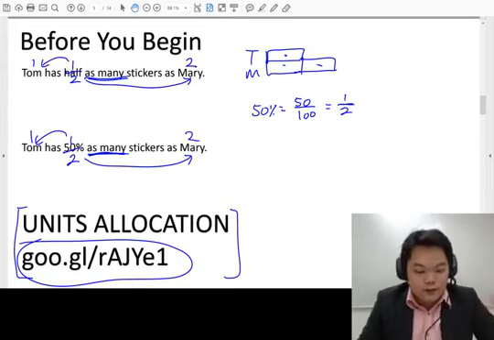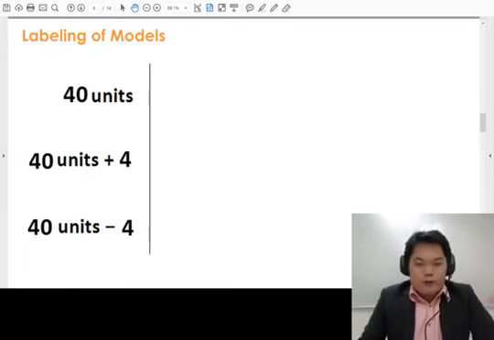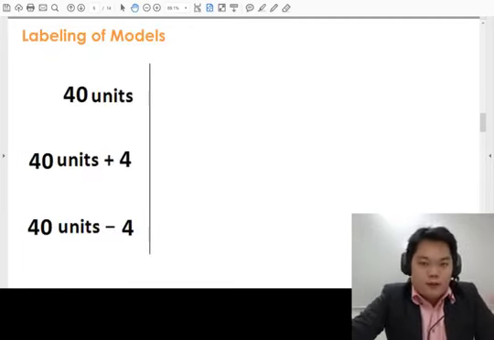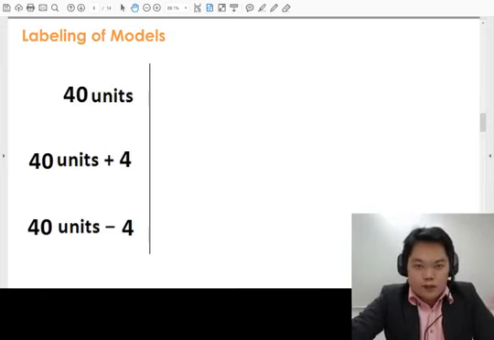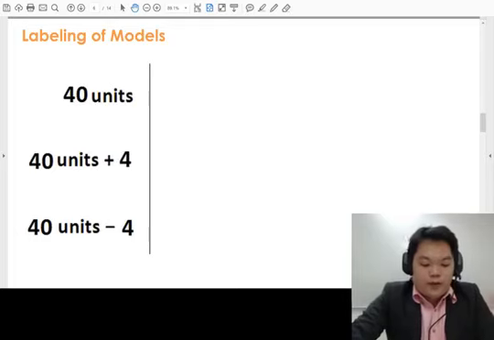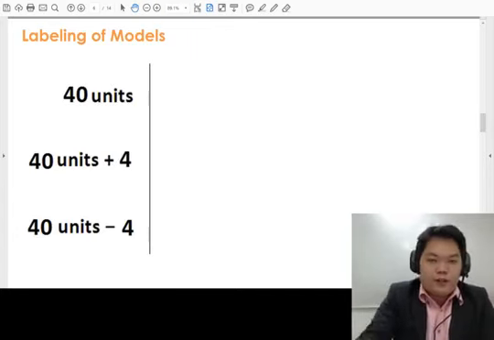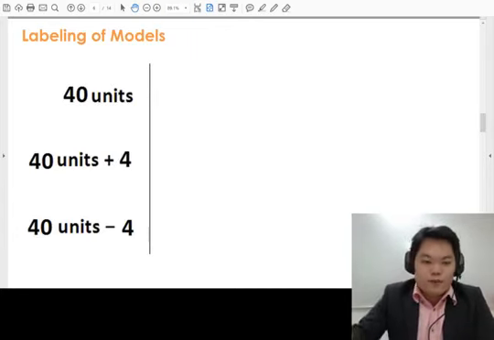Let's get started. Now for the label, before I begin the lesson proper, I need to establish a few conventions first. When you are asked to draw 40 units, if the model is only 1 unit, it's okay to draw 1 box. If the model asks you to draw 3 units, I guess it's still alright.